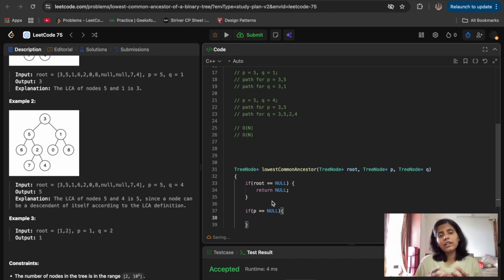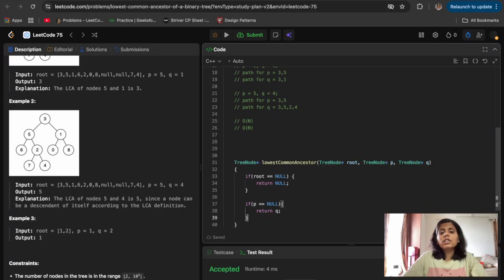There are no child nodes as they are leaf nodes, and one of them can be P. So Q node itself will be the lowest common ancestor for P and Q. You understood this? If any node is null, then we will return the other node, return Q.